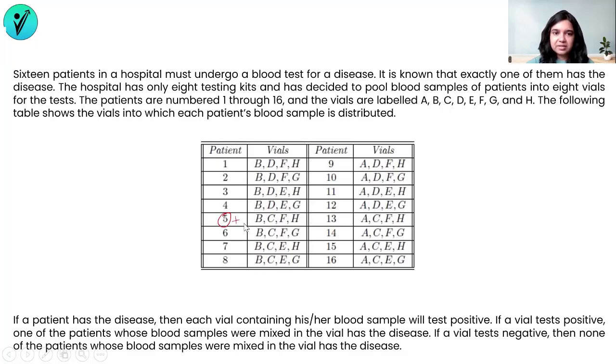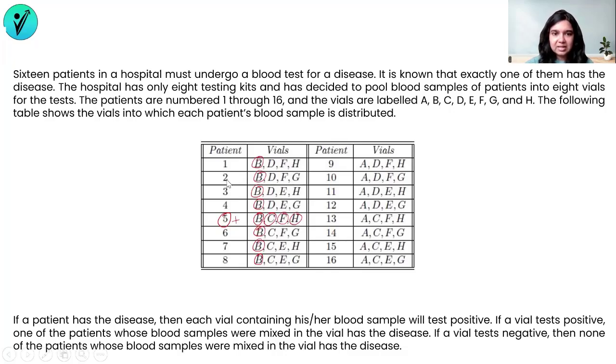If patient 5 is the positive person, then each vial containing his or her blood sample will test positive. That means B will be positive, C will be positive, F will be positive, and H will also be positive. Which means if I take a look at the vials that are spread across, everyone who has B will also show up as positive for that particular vial.